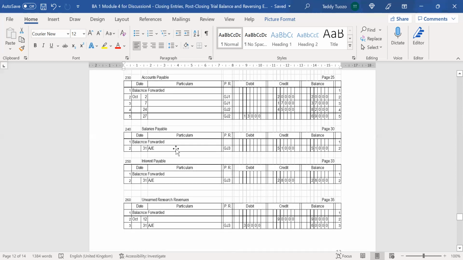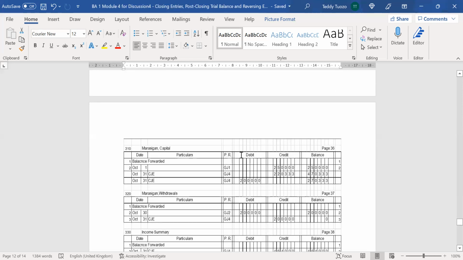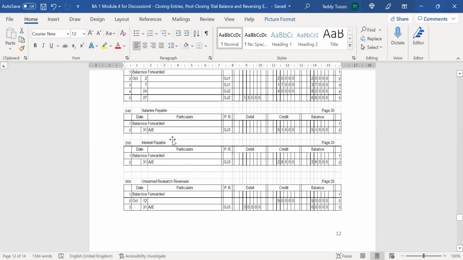Here, this is how we write the adjusting journal entries, AJE. I assume that it is in the general journal page number 3. Salaries payable is credited in the adjusting entry, but in the reversing entry in the next accounting period it becomes 0.